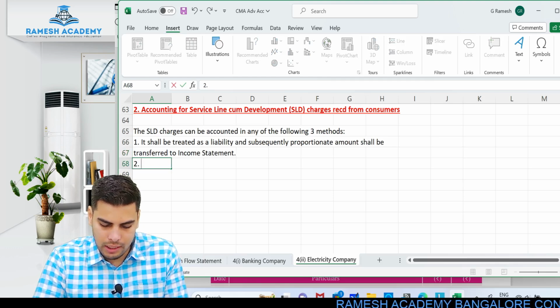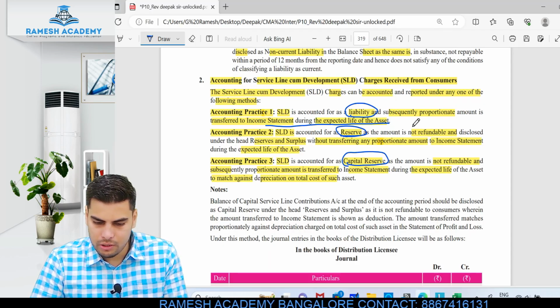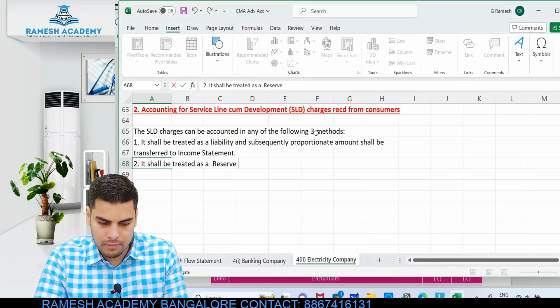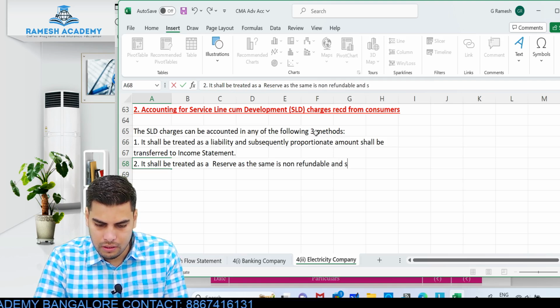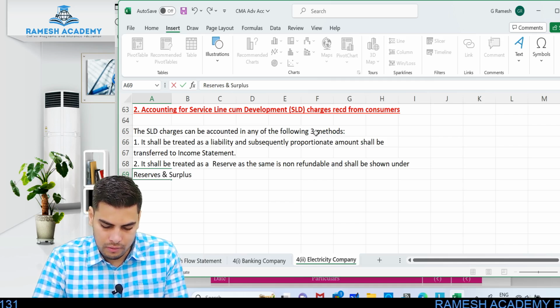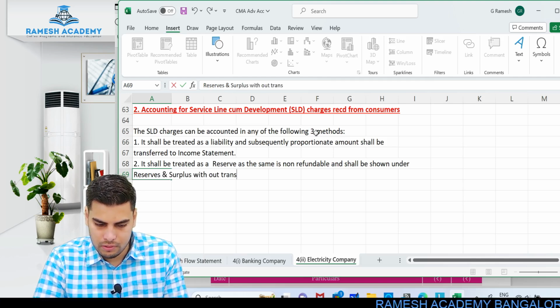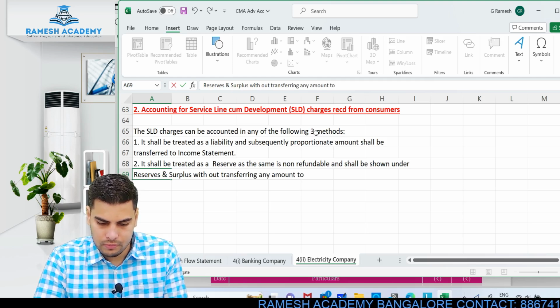This is the first approach. The second approach is it shall be treated as a reserve, as the same is not refundable, and shall be shown under reserves and surplus, without transferring any amount to the income statement.